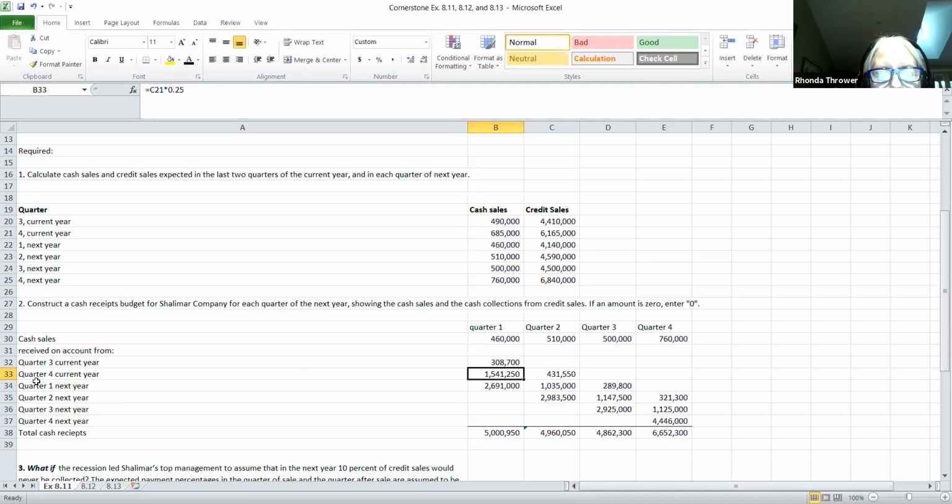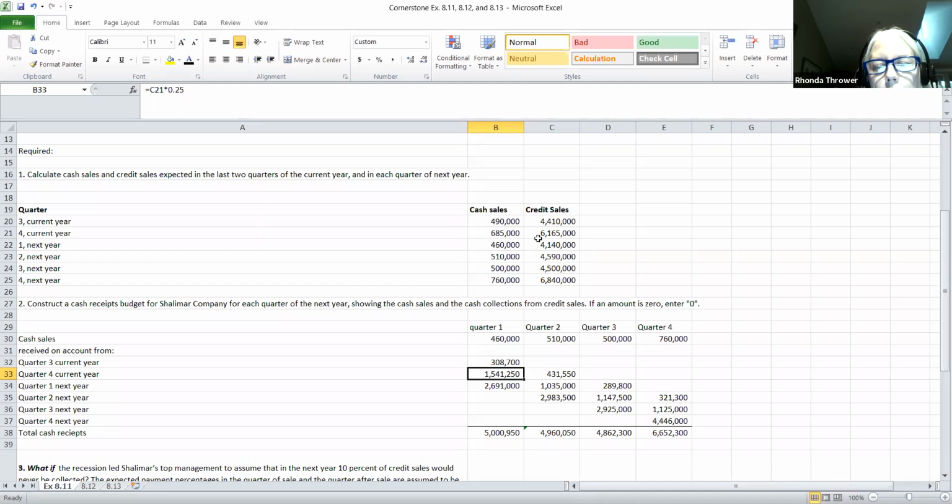So we're looking at quarter four's sales. Remember, in quarter four's credit sales, this is the credit sales amount here, 6,165,000. In quarter one of the next year, we would have collected 65% of those.